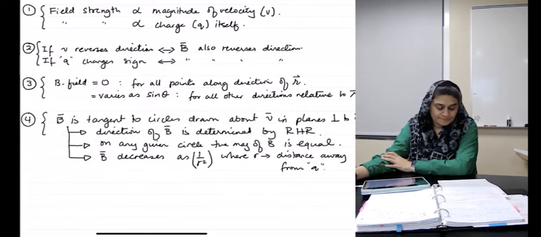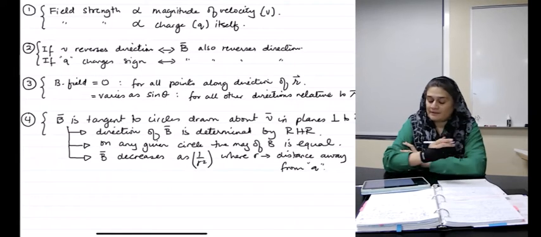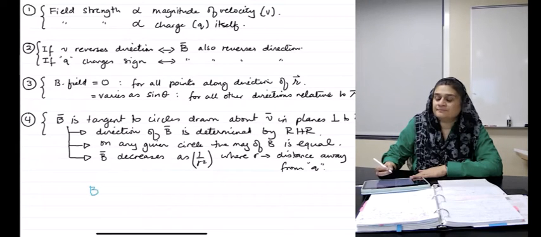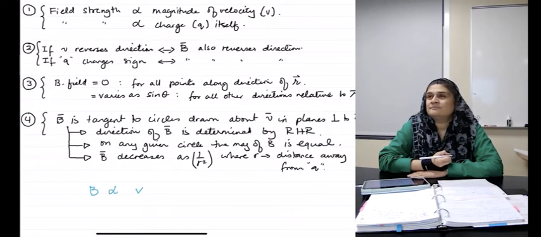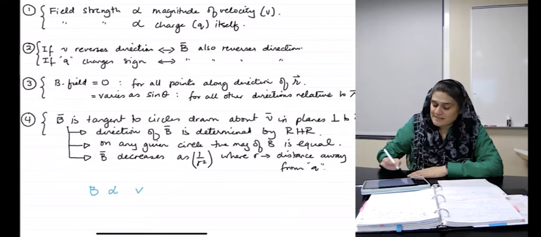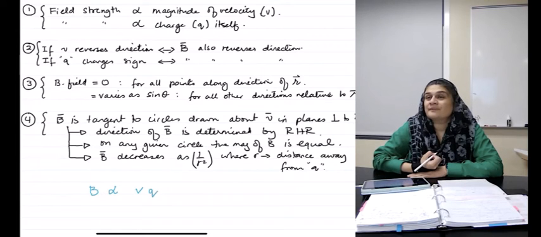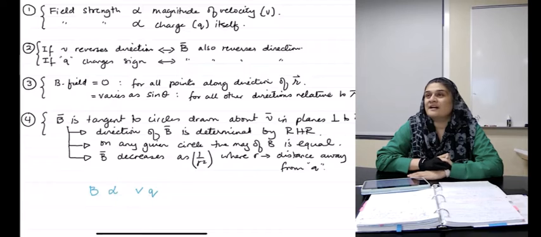Okay, start at number one and start combining everything. Number one says B field is proportional to V. Number two says B field is proportional to Q. Number 3 says B field varies as sine of theta.